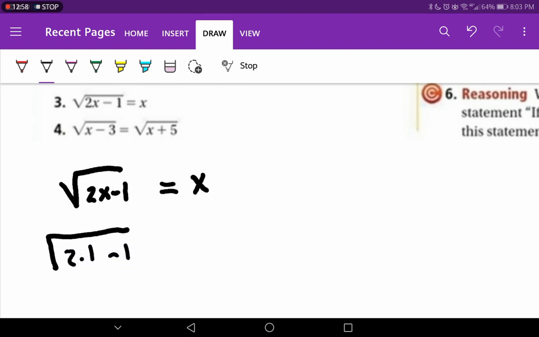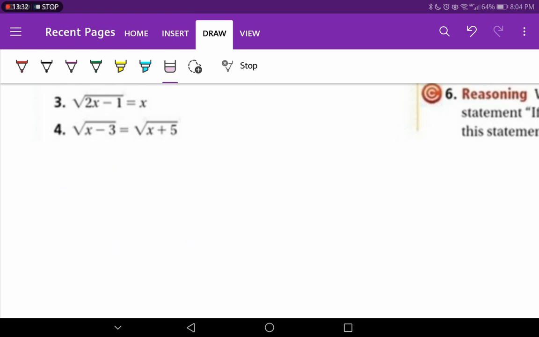Yes, I just replace the x by 1. Is that equal to 1? 2 multiplied by 1 is 2. 2 minus 1 is 1, and radical 1 equals 1. So 1 equals 1, this is the left side and this is the right side. So this way we check.